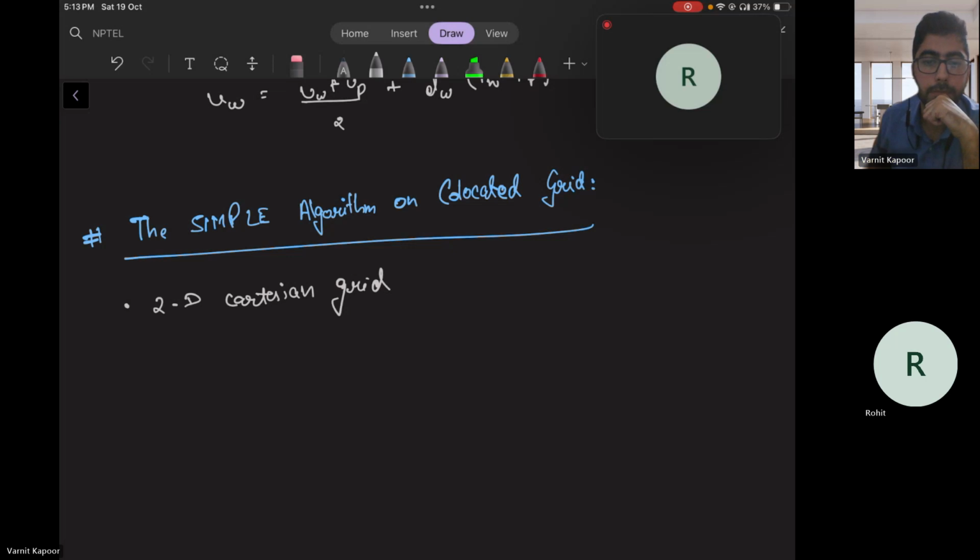So, a two-dimensional Cartesian grid which is uniform.